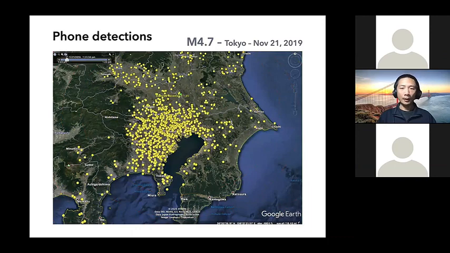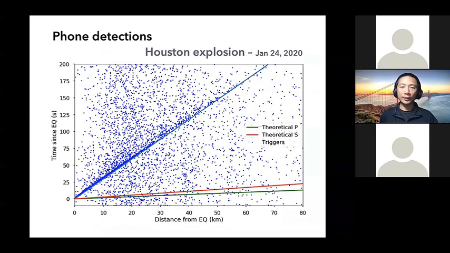And it not only records natural earthquakes. In January this year, there was also an explosion in Houston in the US. What you can see is this clear line here, which shows the propagation of the acoustic wave in the air.